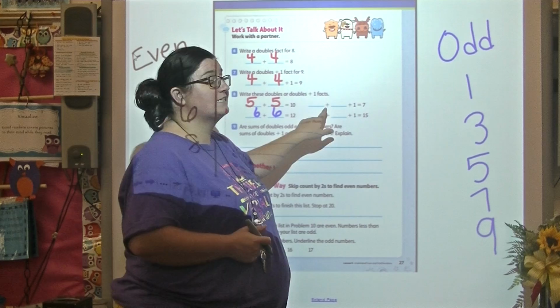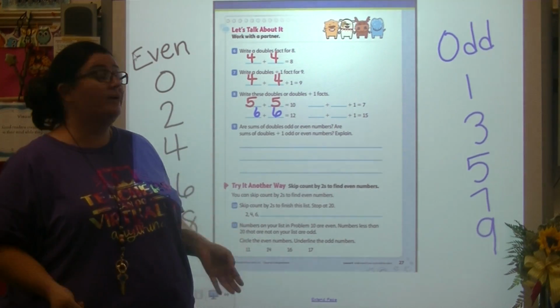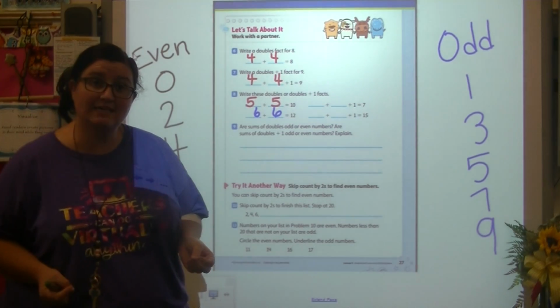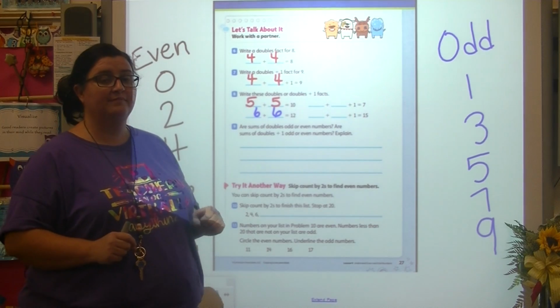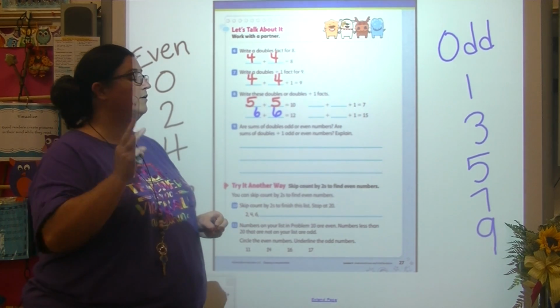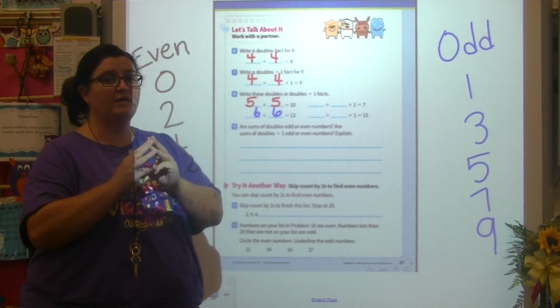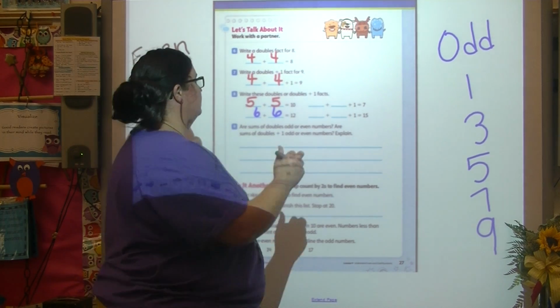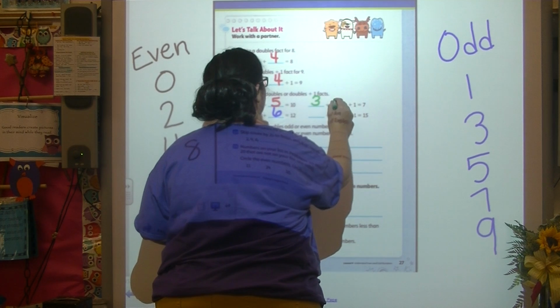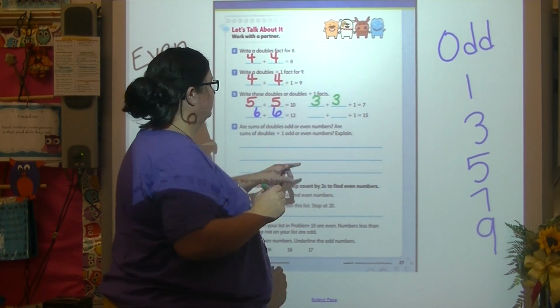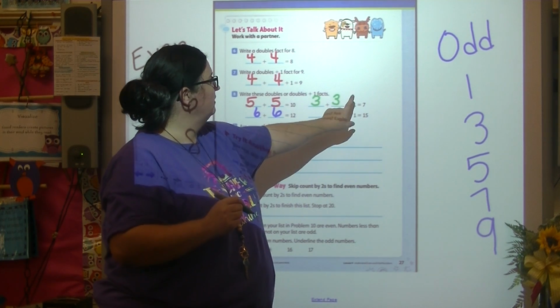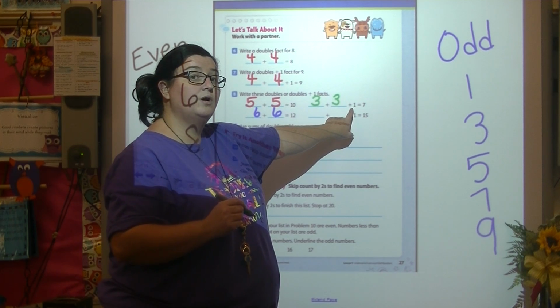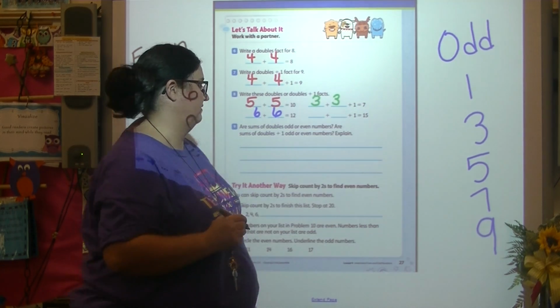That is 6. What number do we add to itself to make 6? 3 plus 3 equals 6. So 3 plus 3 equals 6. Plus 1 more equals 7.